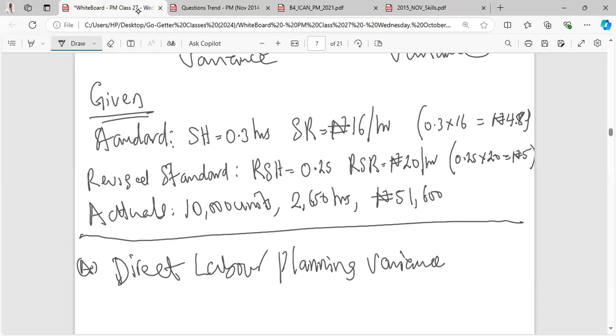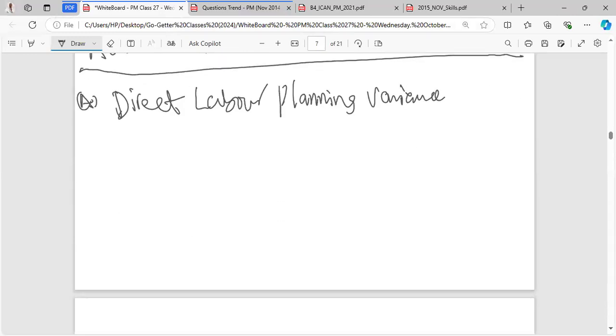Normally, before you divide it into planning and operational, you need to quote the basic formula. You will say basic formula, that's a direct labor variance.